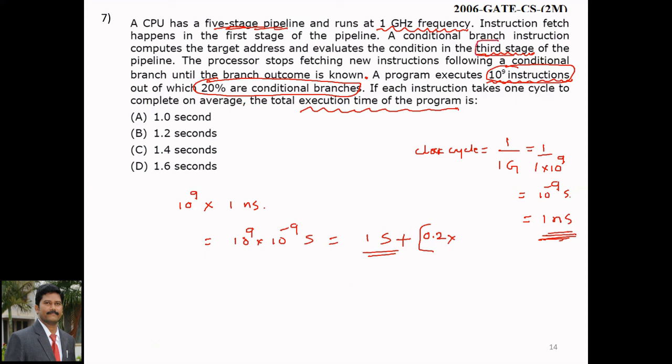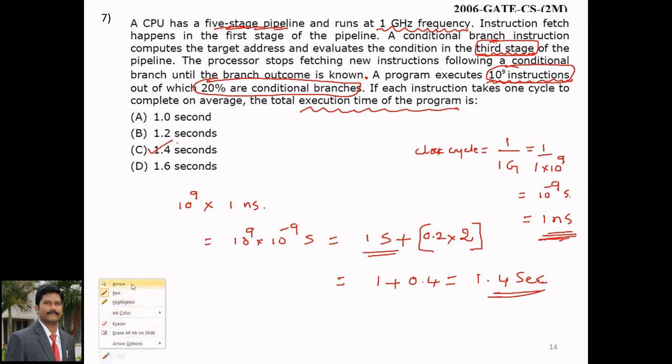Up to the third stage you don't know, so after completing the third stage, the previous 2 clock cycles will be flushed out. So 2 clock cycles will be wasted for every branch instruction. Now this is 1 plus 0.4, that equals 1.4 seconds. Option C is correct.